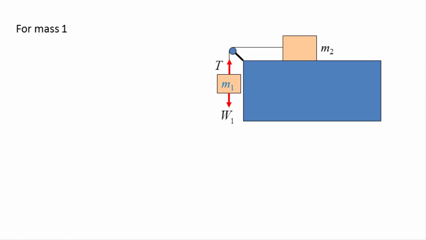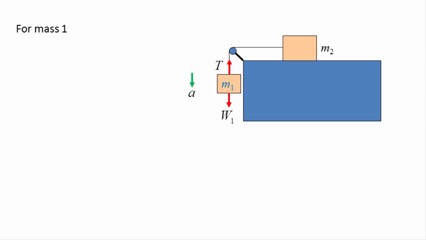However, if mass 1 was to move, the only logical direction is downwards. So the direction of the acceleration, if there was any, would be down. We don't expect mass 1 to move sideways either, so there is no net force in the horizontal direction for mass 1. So let's now write out the equation for Newton's second law for mass 1.